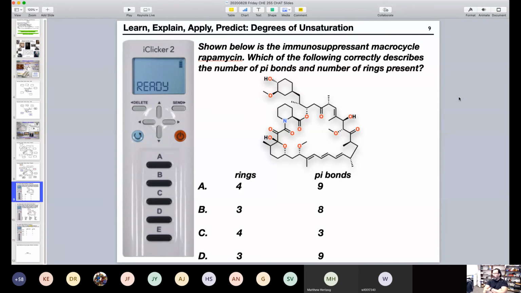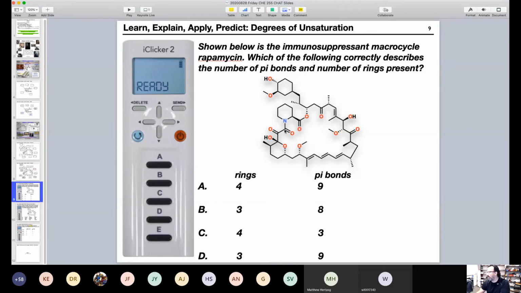So remember what I said about not getting railroaded by focusing too much on one thing? So Rosemary points out there are 4 rings. So the correct answer is A. How is that? There's 1 ring, 2, 3. And then look at this. This whole thing right here is a ring.